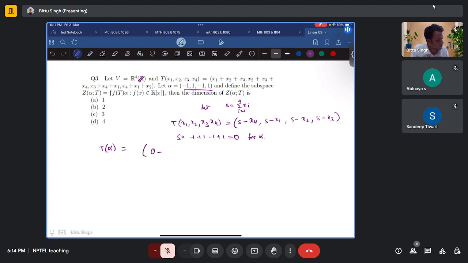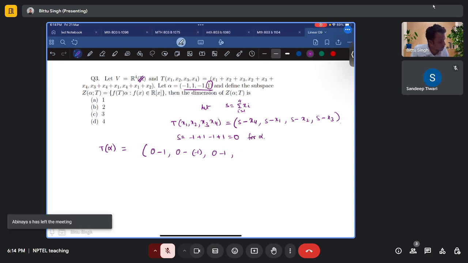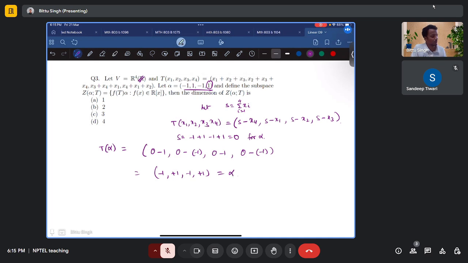Therefore, this is 0 minus x4. x4 means the fourth component, which is minus 1. Then again 0 minus x1, which is minus 1. Then 0 minus x2 and 0 minus x3. x3 means minus 1. So this is minus 1, plus 1, minus 1, plus 1, right? And we can see this is the same as alpha.